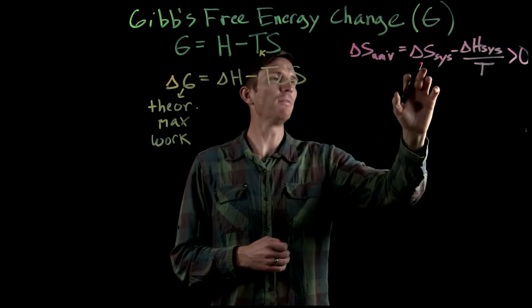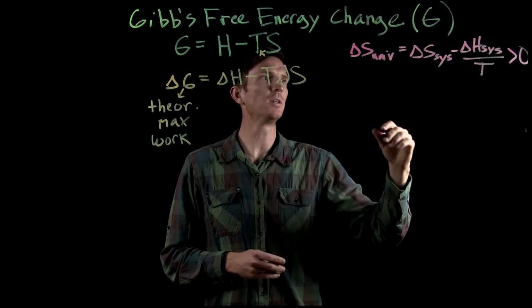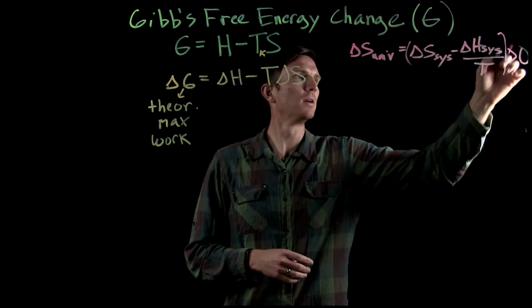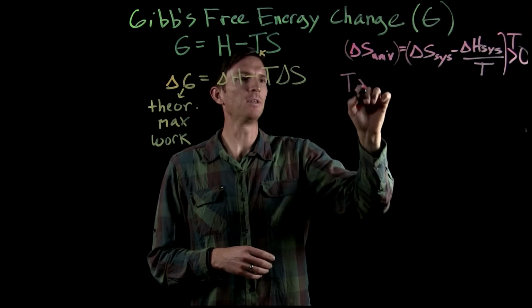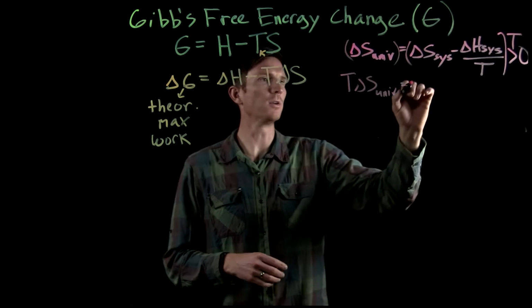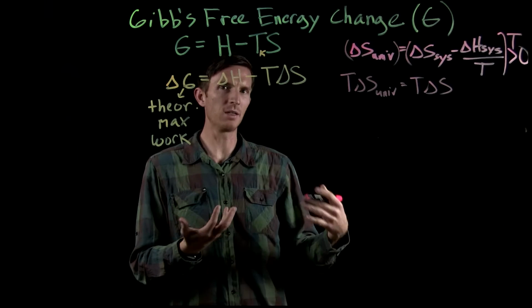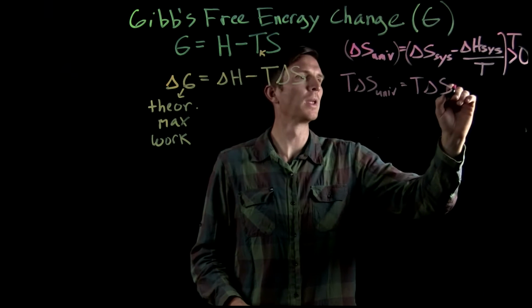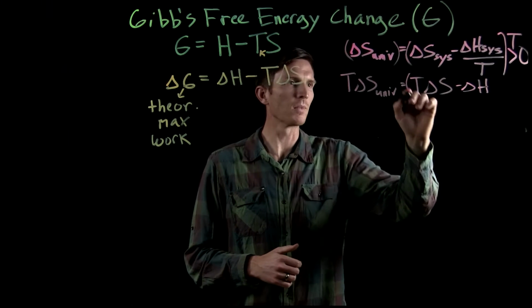Okay? So we have the entropy and enthalpy changes here. I'm going to go ahead and multiply both of these sides by T. So we see we have T delta S of our universe equals T delta S, and I'm just going to leave this as just delta S because that's for our system, minus delta H. Okay.